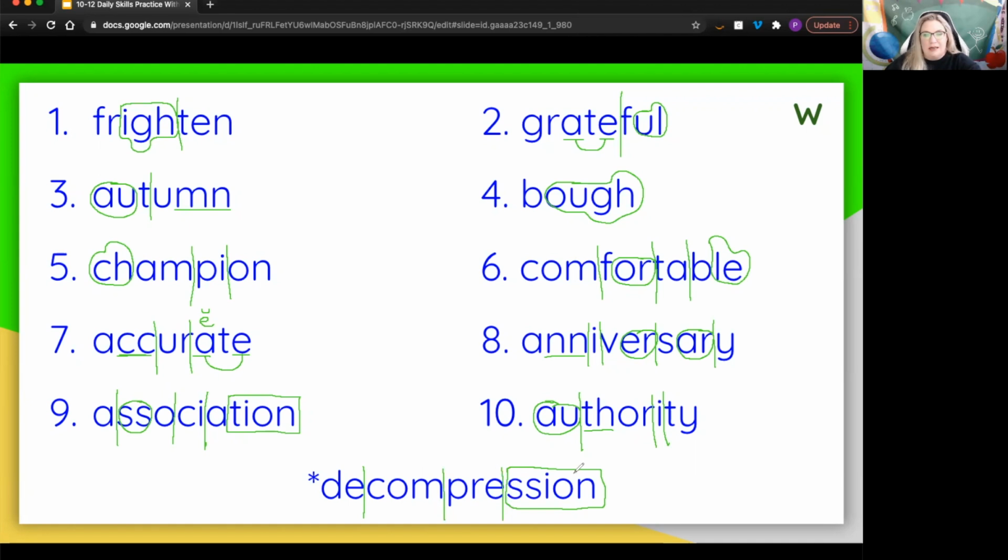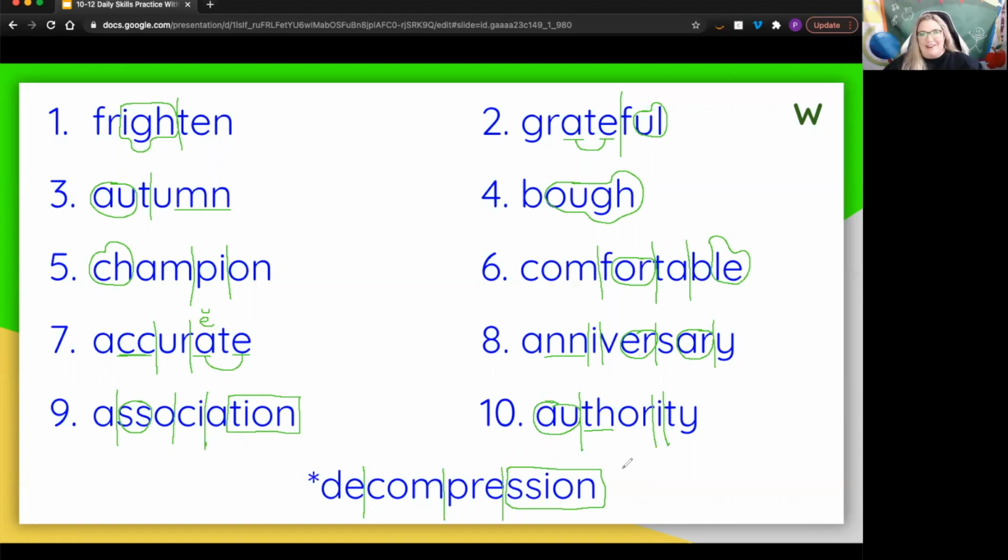Decompression. Decompression means to reverse compression. So if you're compressing something, you're making it smaller, you're pushing it down. If you are decompressing, you are letting off on that and taking some pressure off.